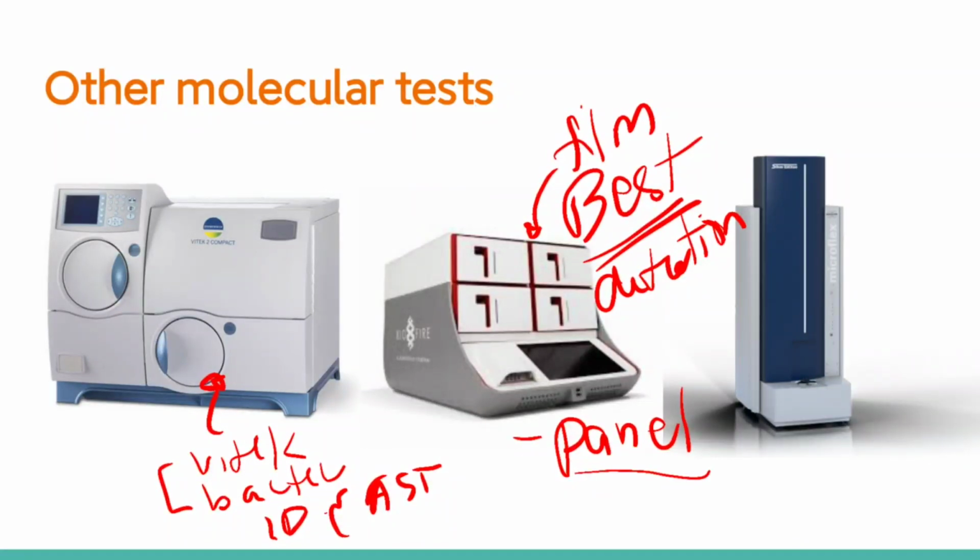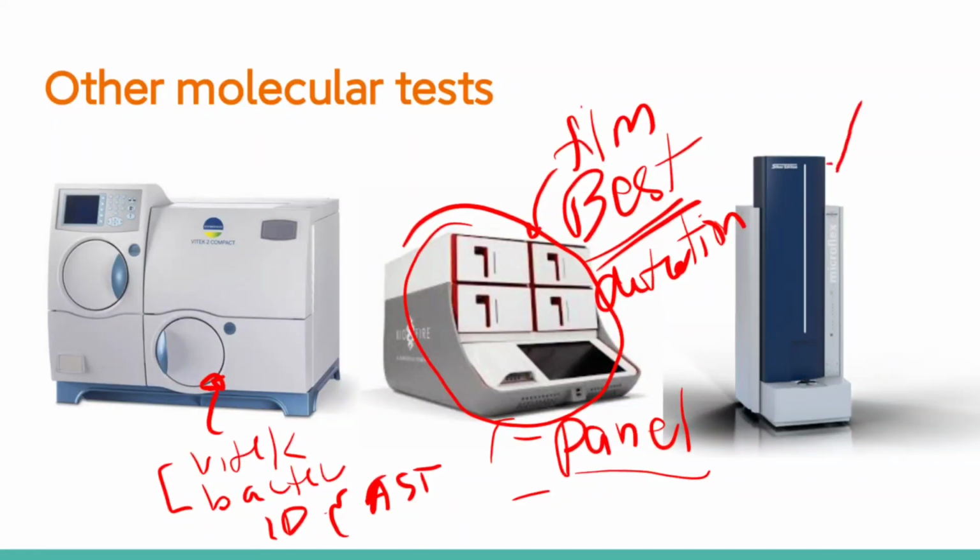Panel testing meaning kunwari we have the ME panel or the meningoencephalitis panel, meaning lahat ng mga possible microorganisms, mapa bacteria, viruses, or fungi, i-detect niya dun sa itong makina to within 2 hours at least. Okay, so maganda yan. So meron ding respiratory panel. Okay, so yun film array.